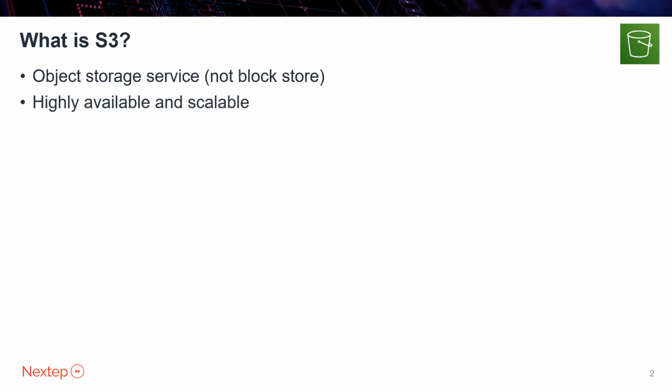S3 is extremely available and scalable. Let's talk about these two terms. It's very, very important for any architect. It doesn't matter whether you are a cloud architect or not. Available meaning, what's your downtime? How much percentage of time is your website available? That's what available means.